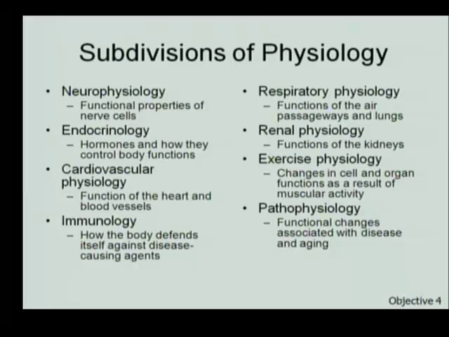The subdivisions of physiology are shown on this slide. Again, not something that I'm going to read to you, but I will hit some of the high points. Notice that because we're studying physiology, which is the study of function, we're grouping things together into functional systems. For example, we have the functional system that moves blood around.